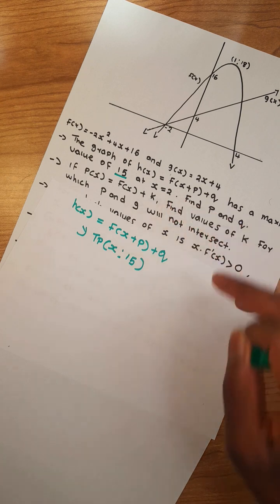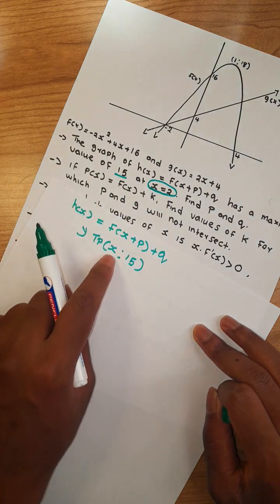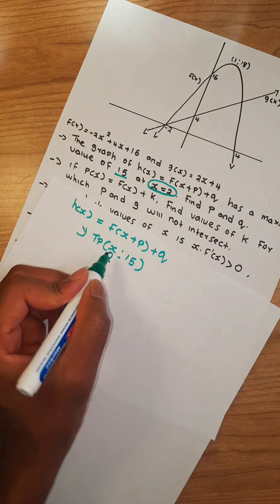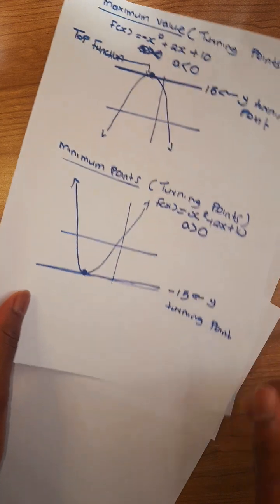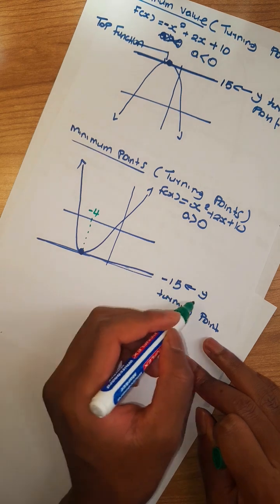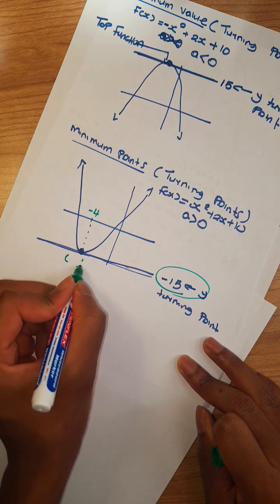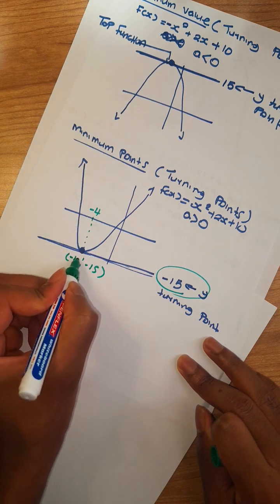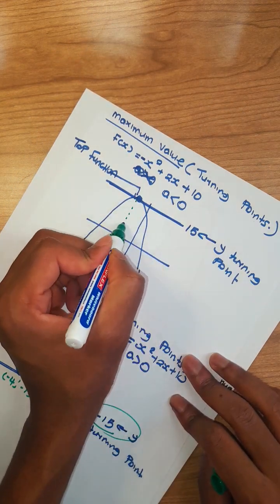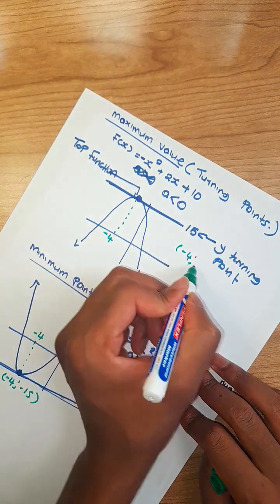So we know that it is going to be at x equals to 2. So this actually tells us that the x coordinate of the turning point is 2. How do they mean by this? Look, let's say this value of x here is minus 4. So this one has a minimum value of minus 15 at x equals to minus 4. So this one has a maximum value of 15 at x equals to minus 4 as well.